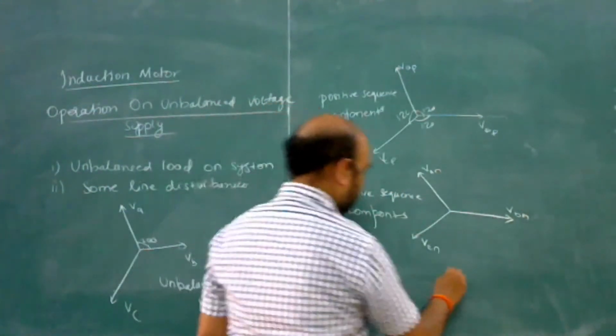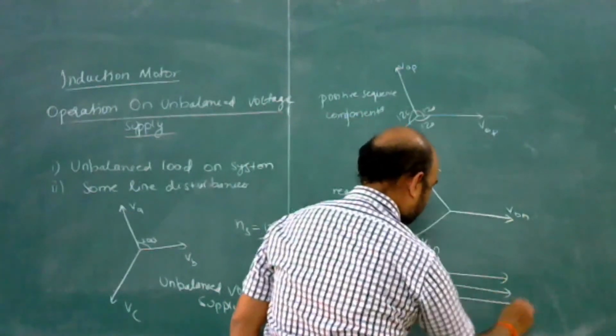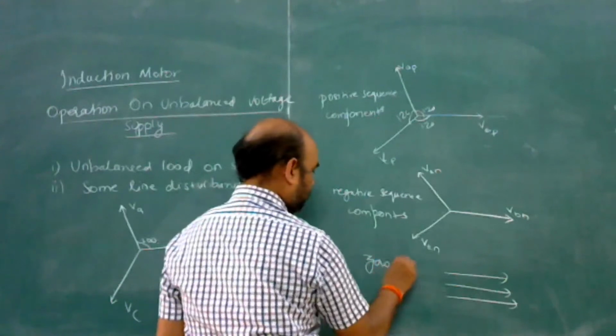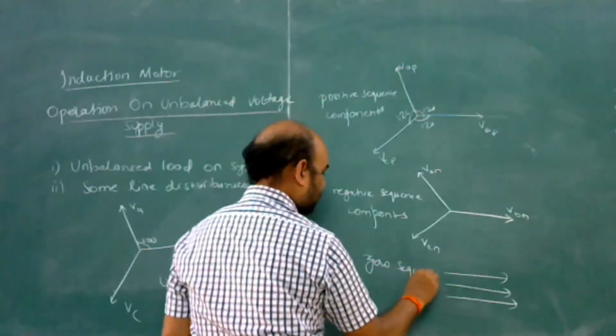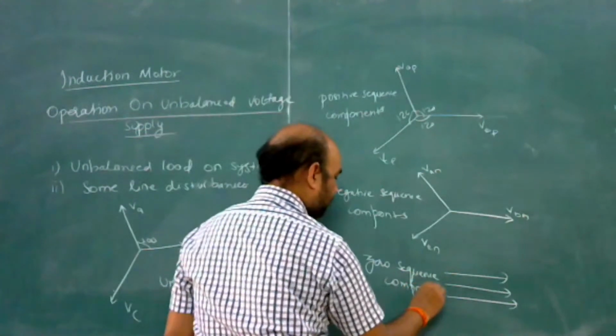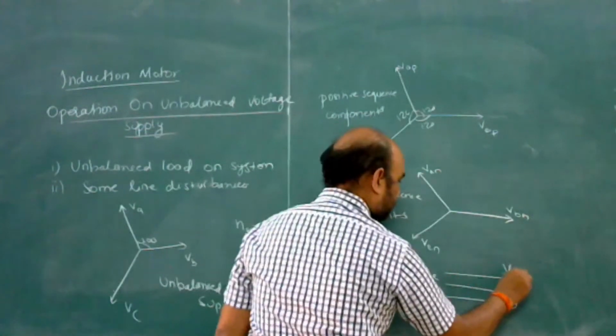And then third, zero sequence components. They are equal in magnitude and in the same direction.